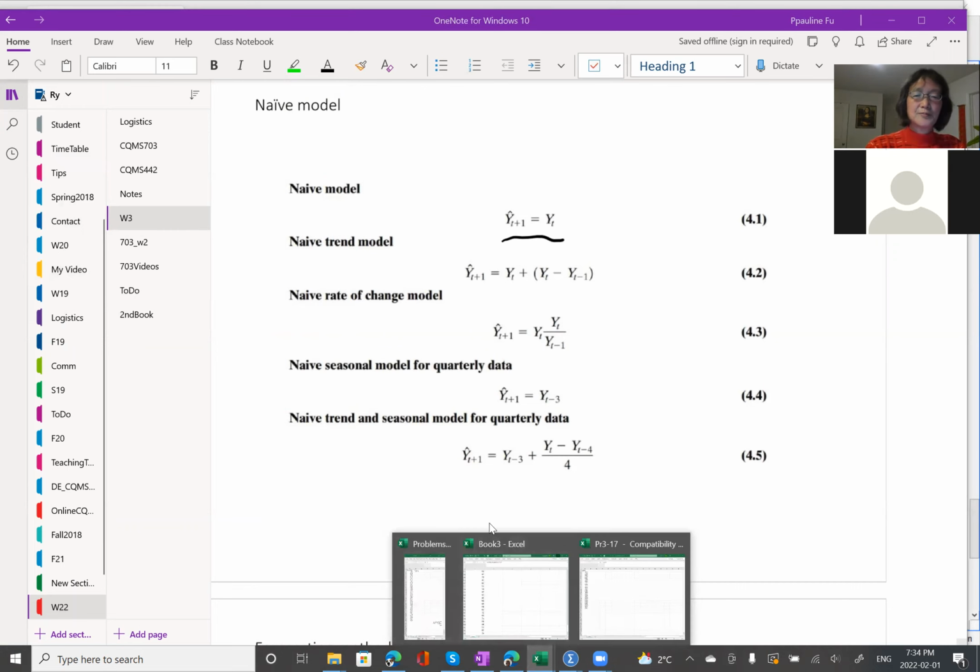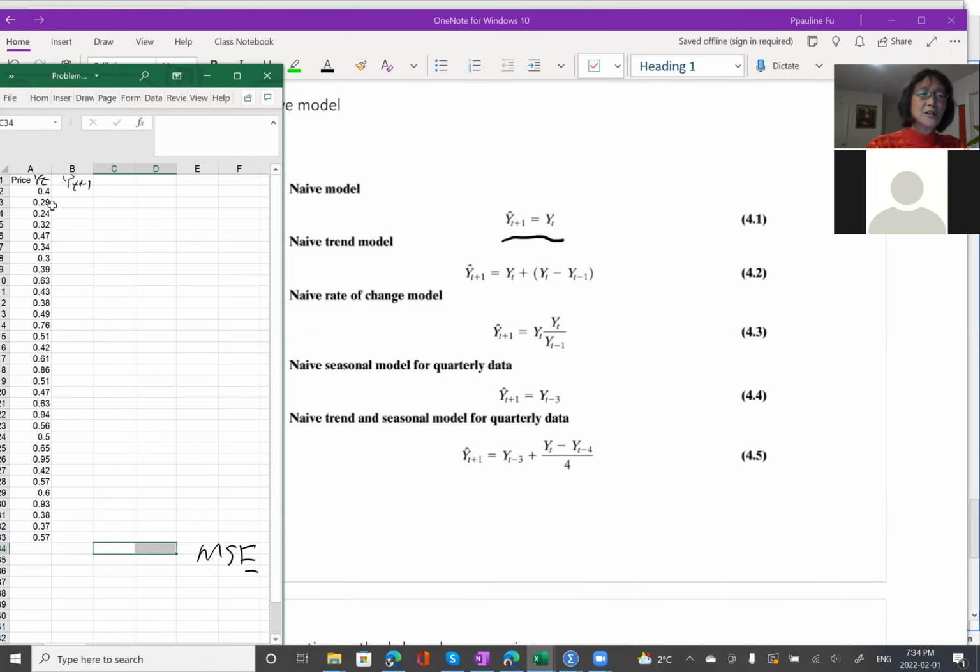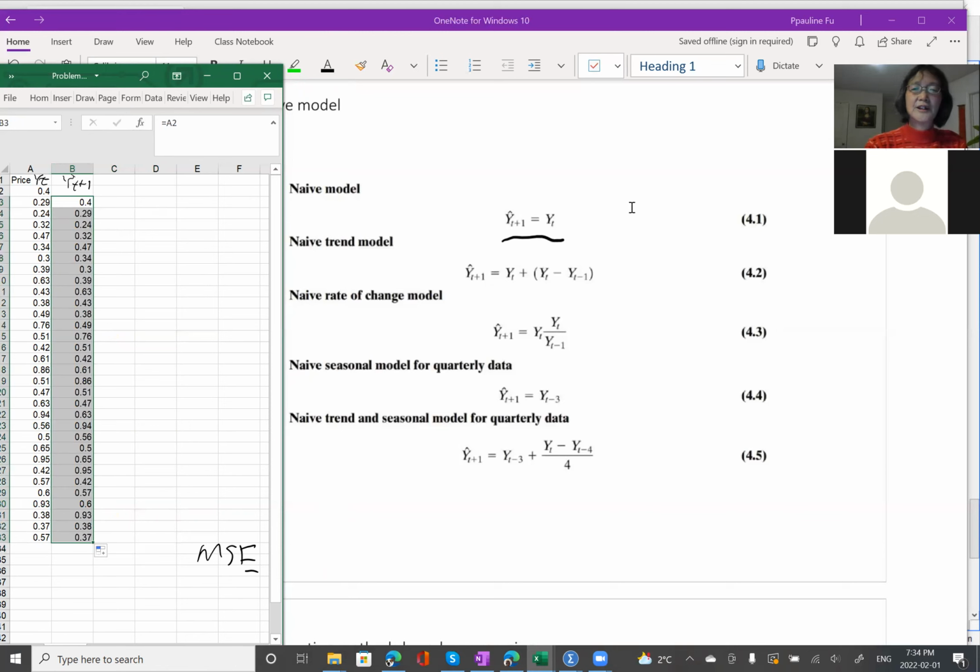So the forecast for 0.29 is the previous one. That is the meaning of it: YT+1 equals YT. Okay, so you keep on going. So that is formula 4.1.